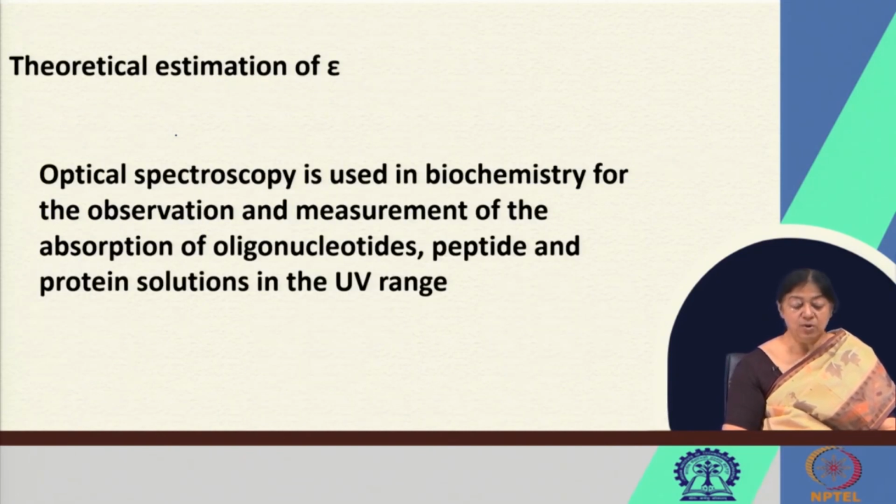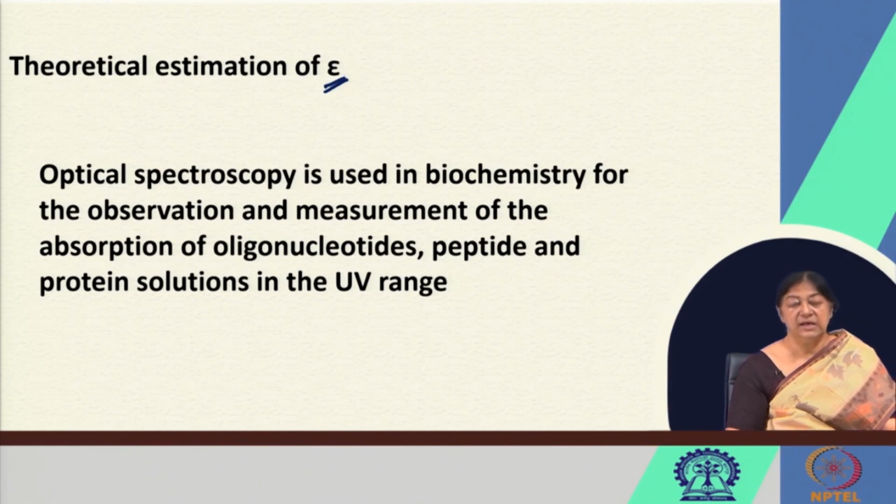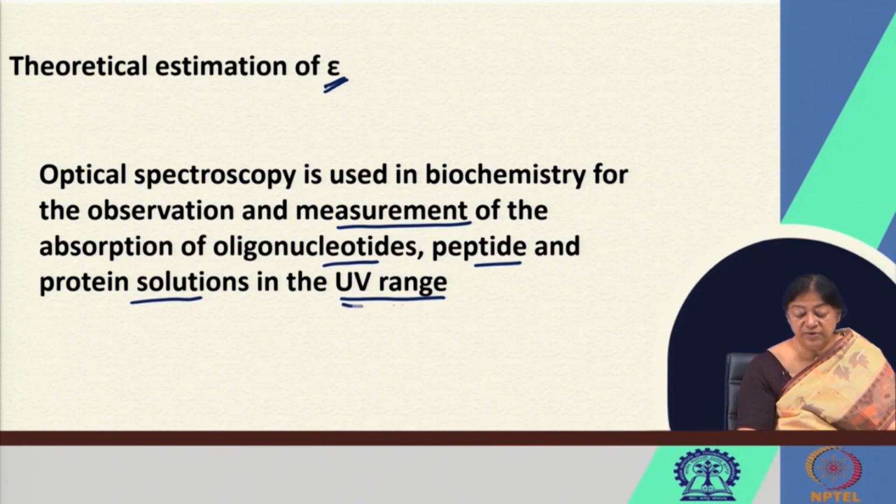Now, when we look at the theoretical estimation of this epsilon value, we are looking at a very important aspect in trying to understand how this spectroscopic characteristic is used in biochemistry. For what? For the observation and measurement of the absorption of oligonucleotides, peptides and protein solutions, all in the UV range.